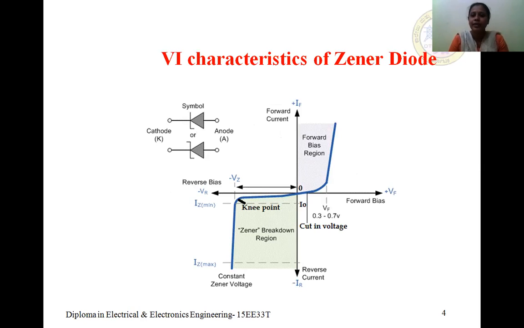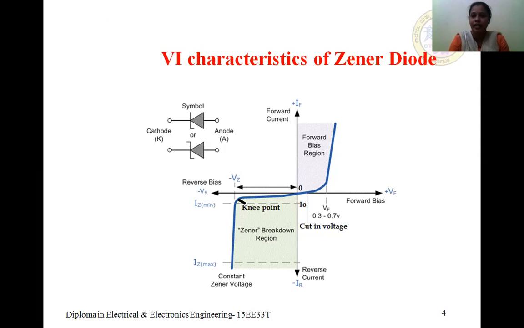In the forward biased condition, that is the forward bias region, this is similar to a normal PN junction diode. In the reverse biased condition, that is reverse voltage, in this condition the minus Vz is a constant Zener voltage. So this is the graph plotted for the VI characteristics.